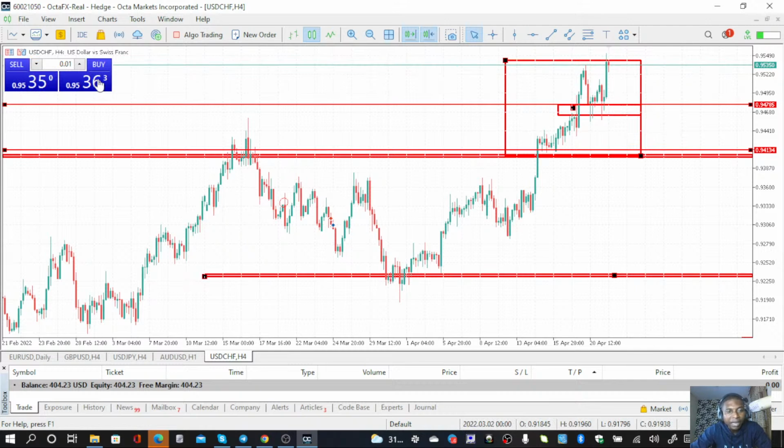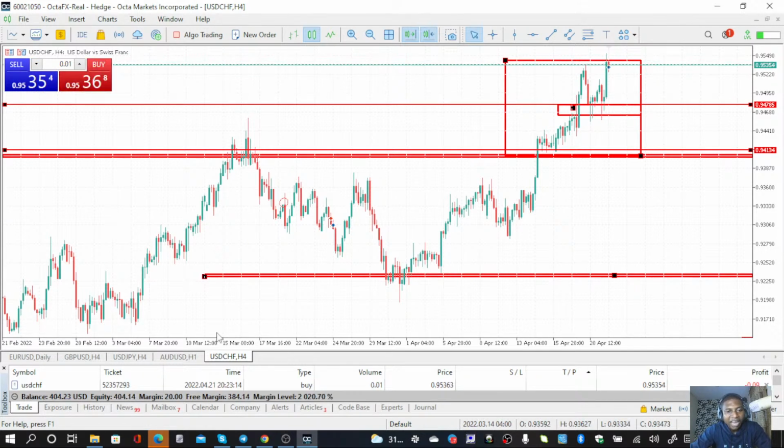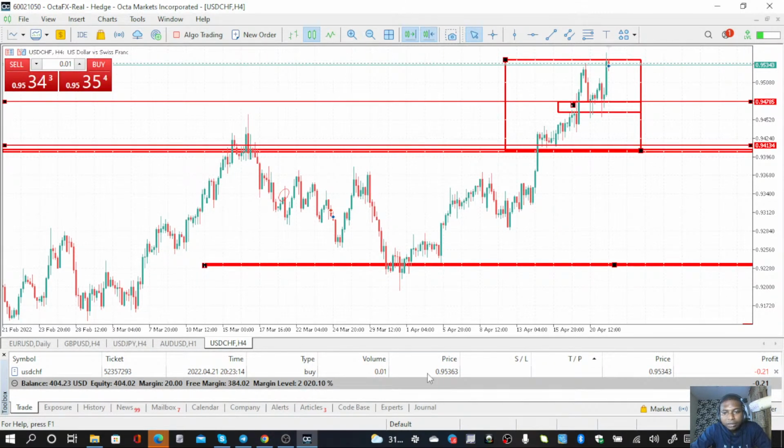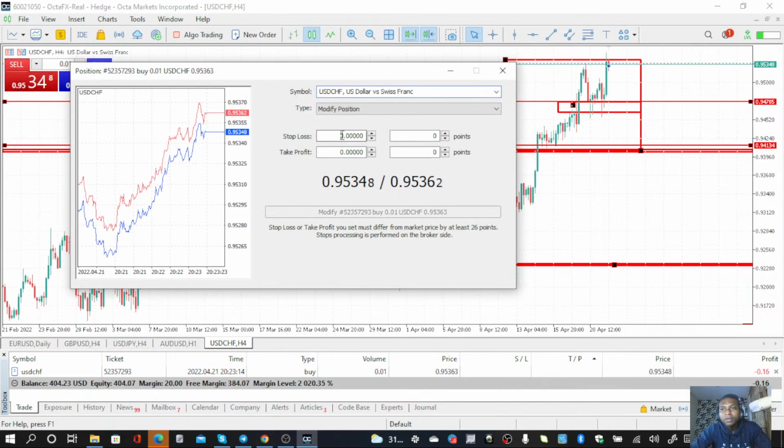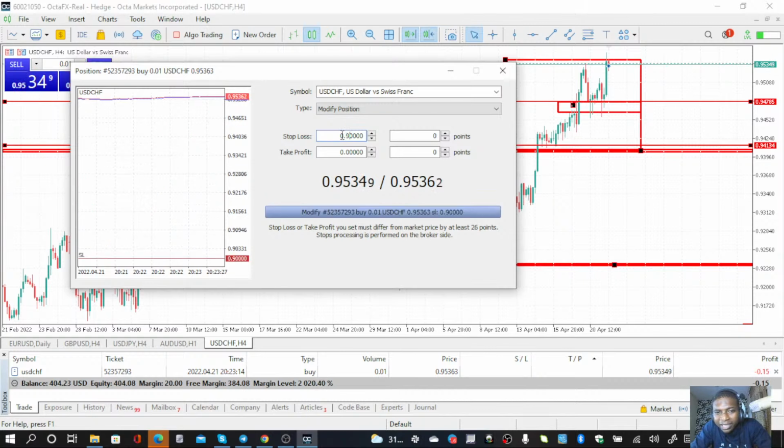I place a buy. Having placed a buy, I would come over and edit and put in my stop loss. My stop loss is 0.94785.